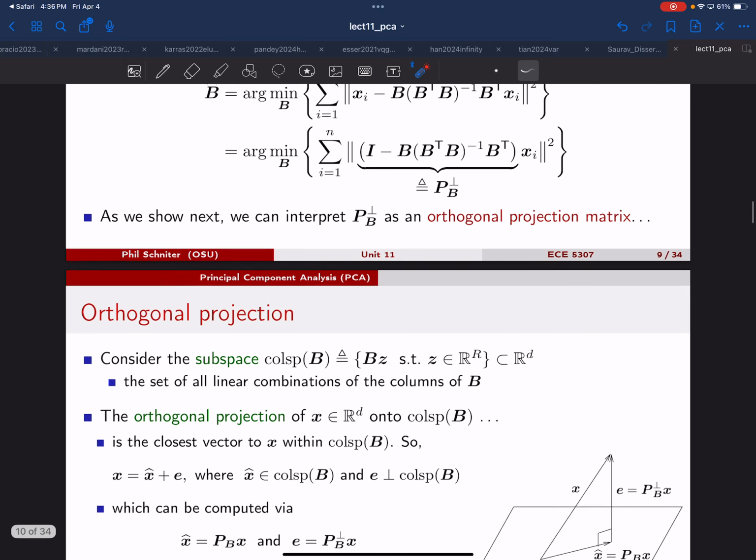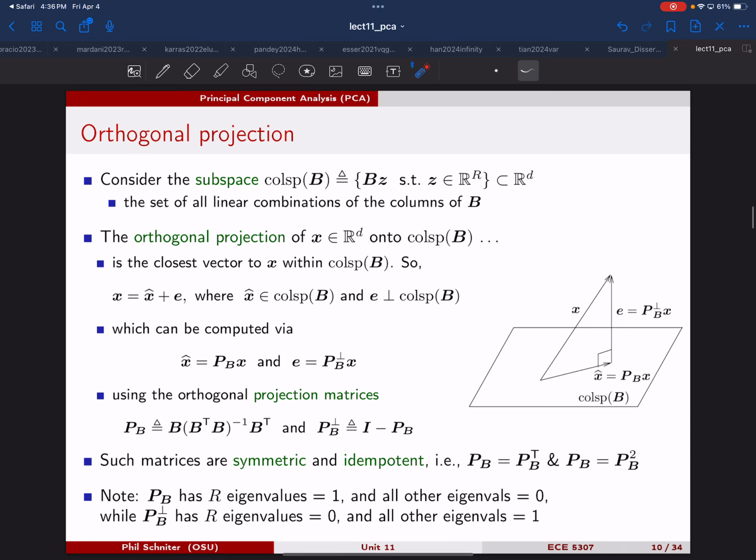Okay, so let's talk about orthogonal projection as an idea. I'm sure you guys have seen this before somewhere. So let's first talk about the notion of a subspace. In particular, if I have a matrix B and I talk about its column space, what I mean is the set of all vectors Bz such that z is any vector with R real numbers.